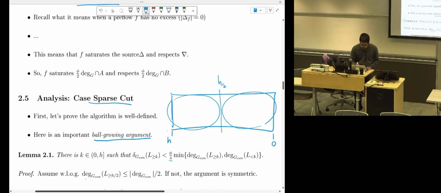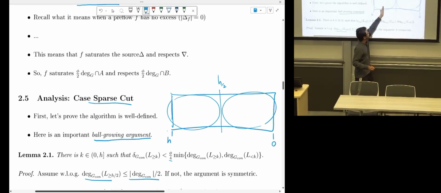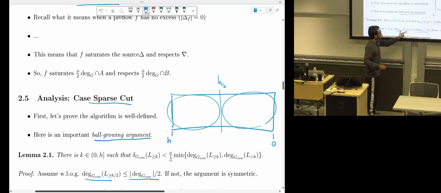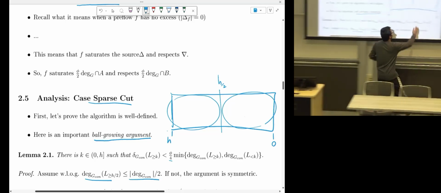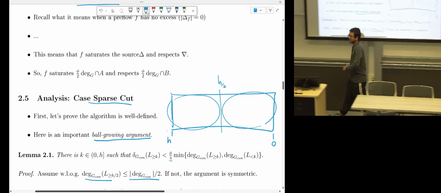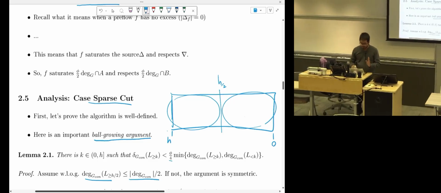This is smaller than half. If this is the case, then we're going to grow a ball from this side. But if this is not the case, we're just going to grow a ball from the other side. It's just a basic assumption I'm going to assume for now.